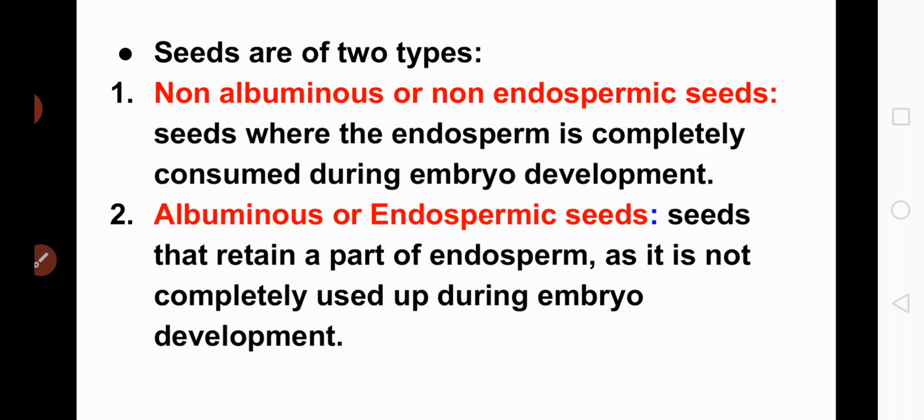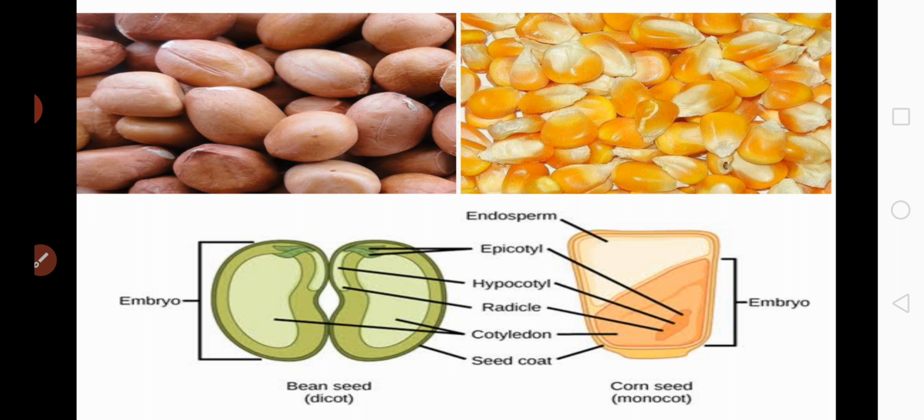Examples for albuminous seeds: wheat, maize, etc. And the integuments after fertilization get transformed into seed coats, which provide protection to the young embryo. Groundnut is an example for a non-endospermic seed, and maize is an example for an endospermic seed.